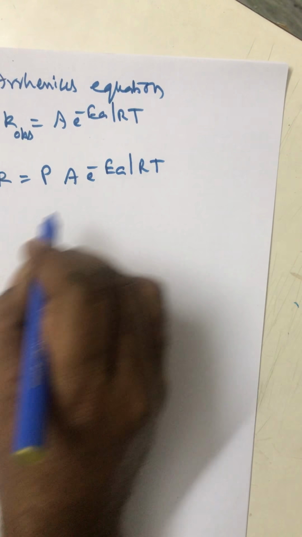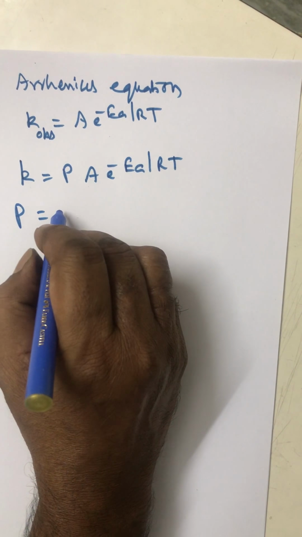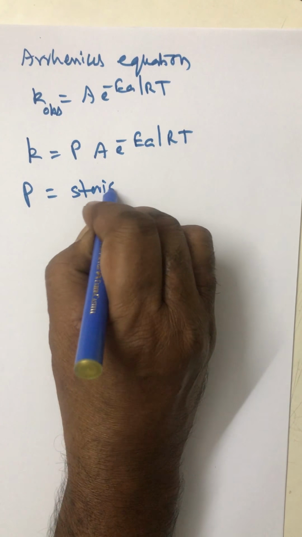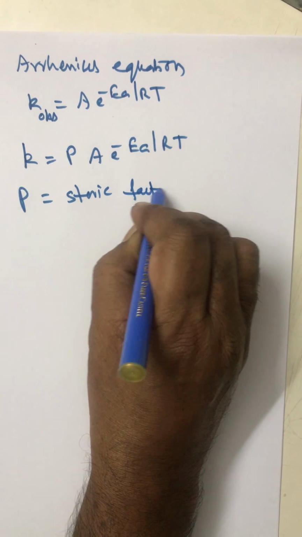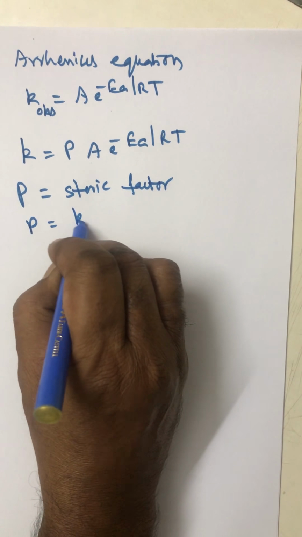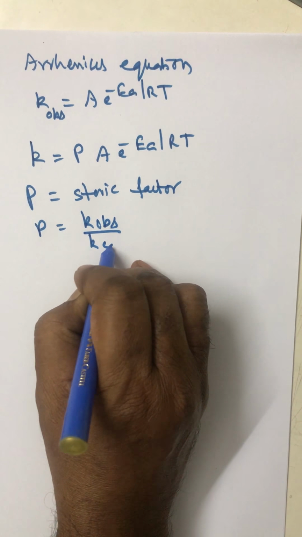Probability factor, also called the steric factor. This P is k observed by k calculated.